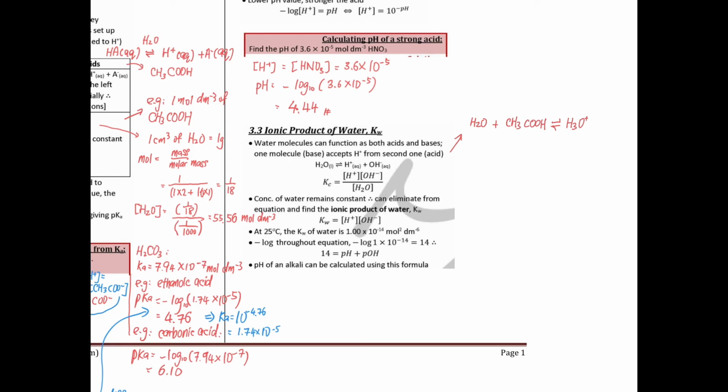So I draw an arrow here. H2O accepts H plus and forms H3O positive. And the ethanoic acid, after losing the H plus, becomes CH3COO minus.